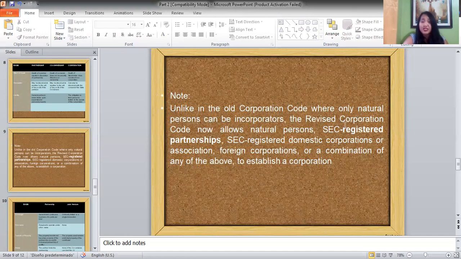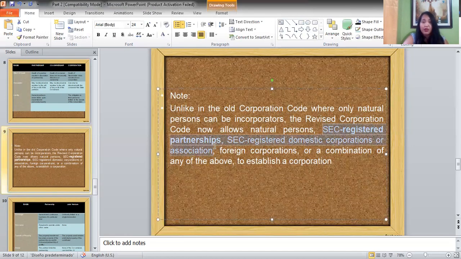Gusto ko i-emphasize dito, yung SEC-registered partnerships, pwede na din sila maging incorporators sa corporation under the Revised Corporation Code. Dati kasi hindi pwede.